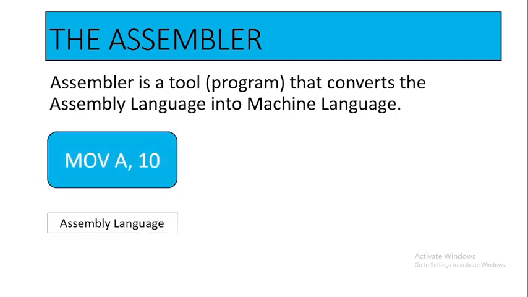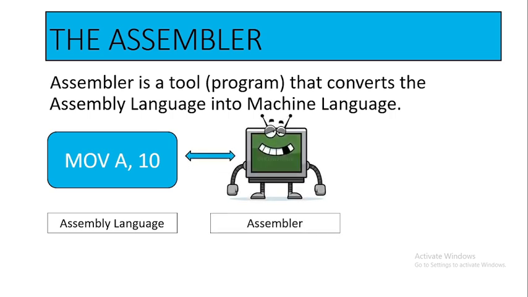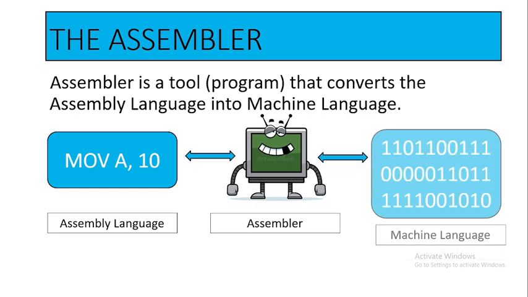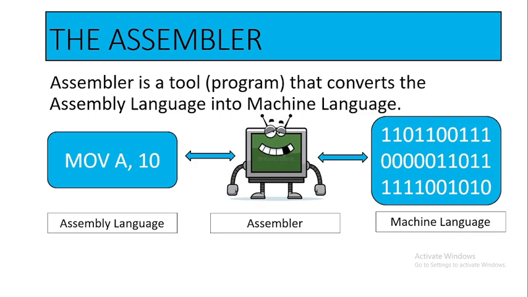So we have the instruction move A, 10. That is assembly language. Then the assembler will come in to convert this assembly language into machine language, that is zeros and ones, so that the computer can actually execute the instruction move A, 10.